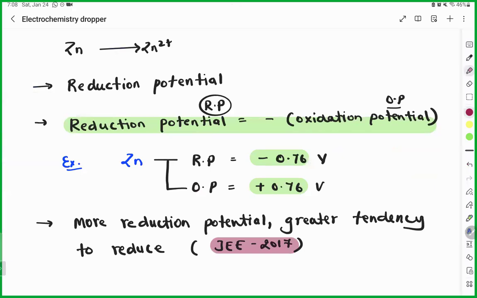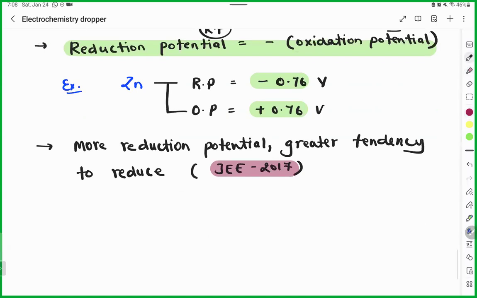The more the value of reduction potential, the more easily it will undergo reduction. For example, if you take copper and silver, the copper value given to you is 0.34 volt and the Ag value is plus 0.80 volt. Which one will undergo reduction and oxidation?